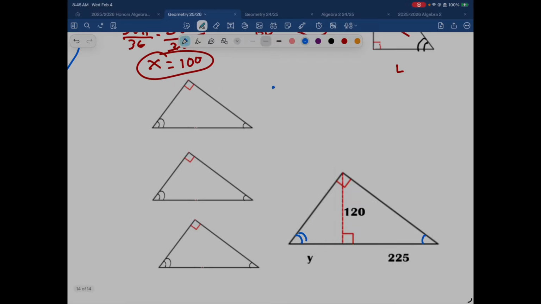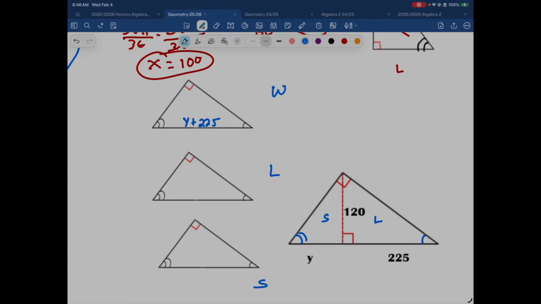We'll call this the whole, the large, and the small. That's my small, that's my large. If I look at the whole thing, I'm not even going to bother doing it because I don't know that and that. But just for purposes, remember that right there is y plus 225.